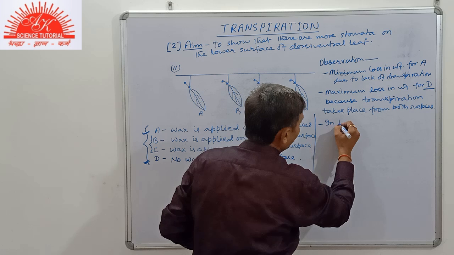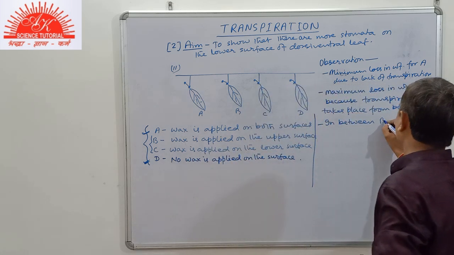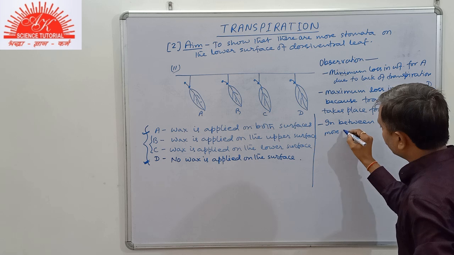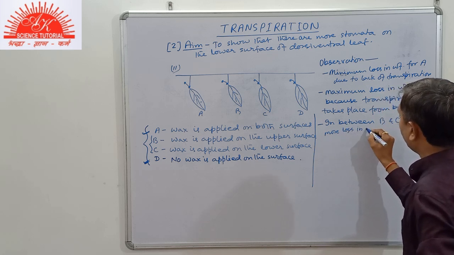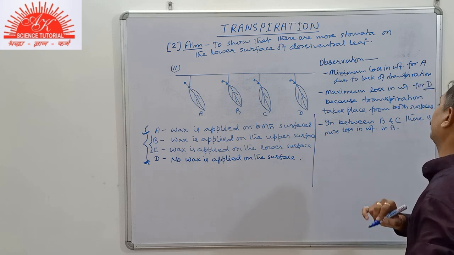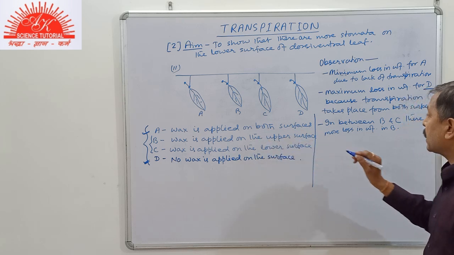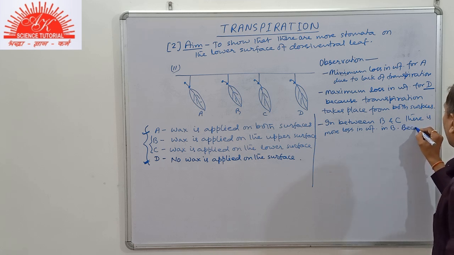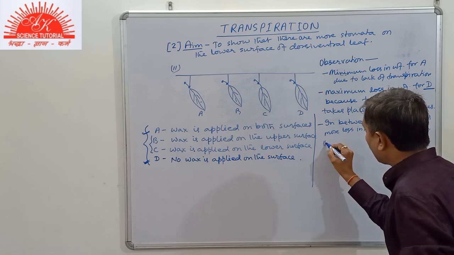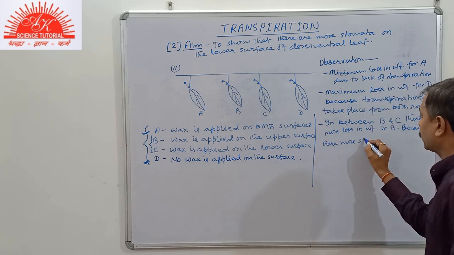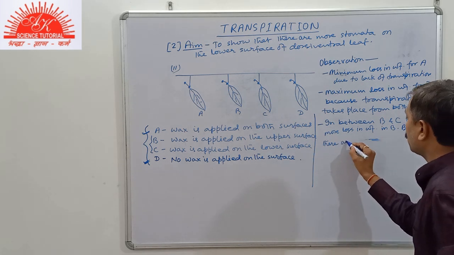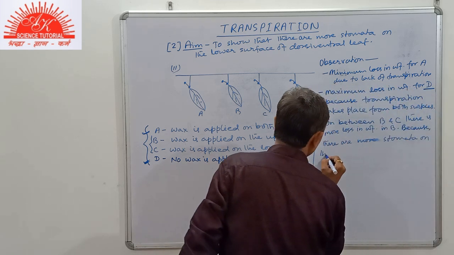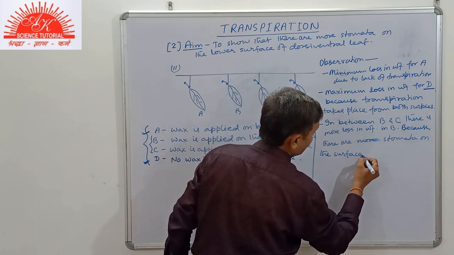So in between B and C, there is more loss in weight in B, and that is in B, transpiration is taking place from the lower surface because there are more stomata on the lower surface.